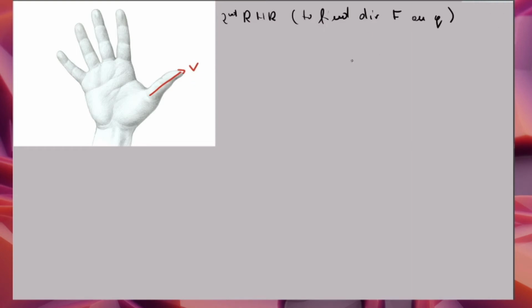And then you want to align the fingers of your right hand with the direction of the magnetic field B. At that point, you can then see that the magnetic force would be pointing out of the page. This would be force F out of the page.